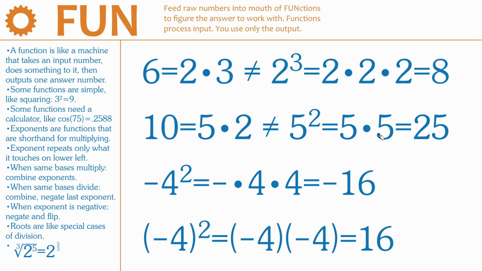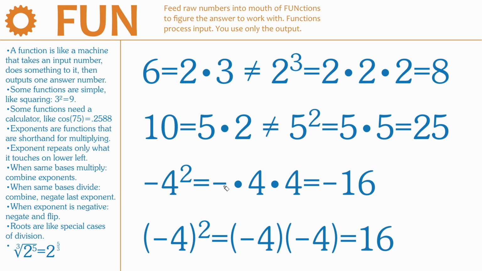It's just the repeater number and tells you how many times to repeatedly multiply the base, 5. 2 is the exponent. It sits on the base, which is 5. The exponent tells you how many times to repeatedly multiply the base by itself, not by the exponent. So 5 squared is 25. 5 times 2 is 10.